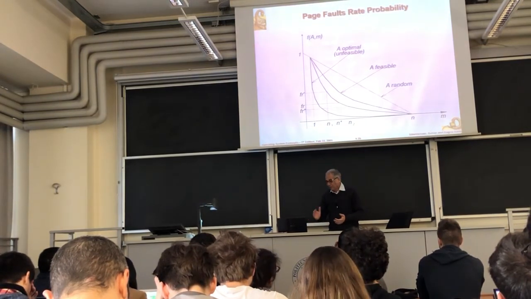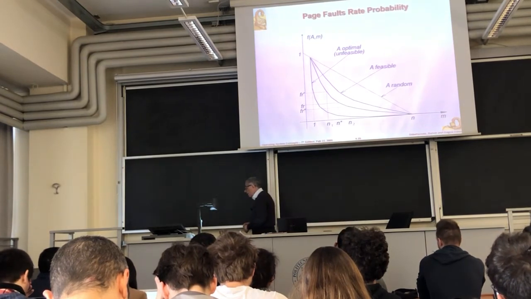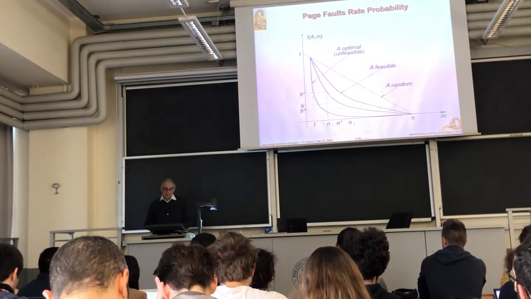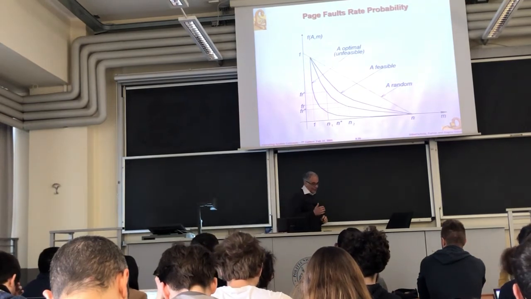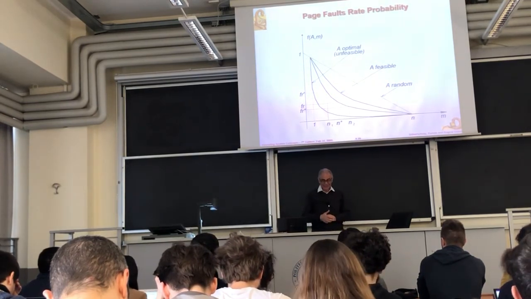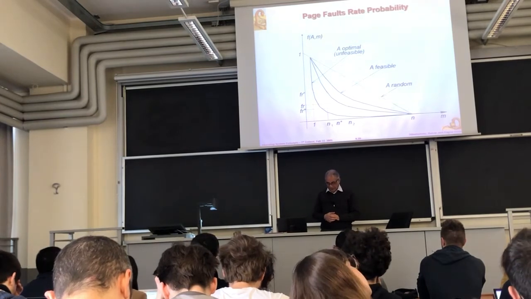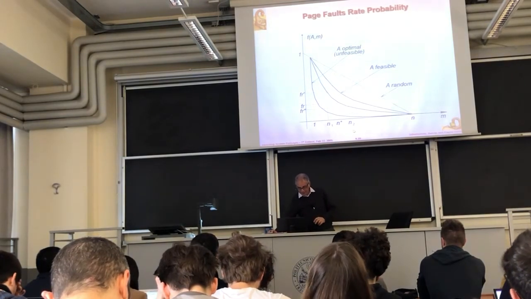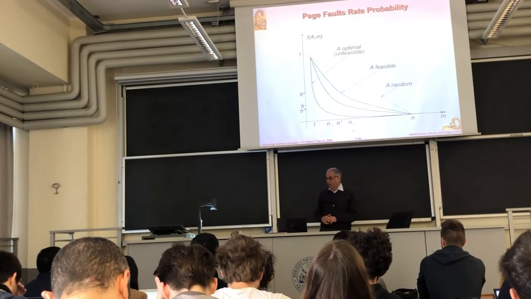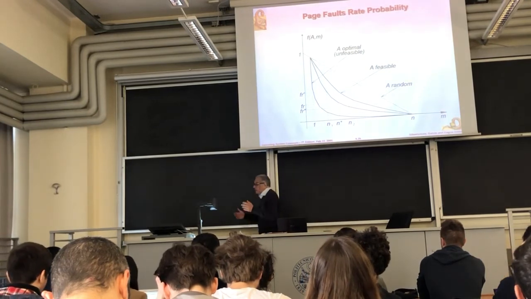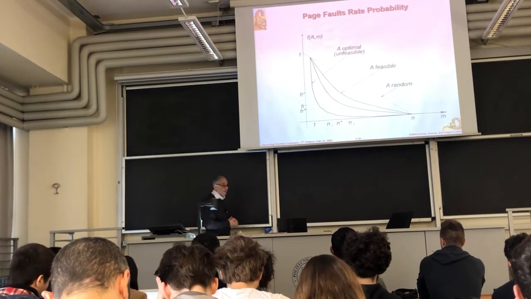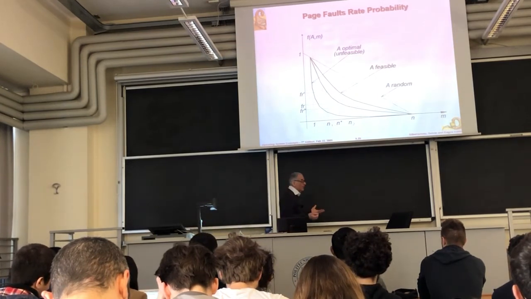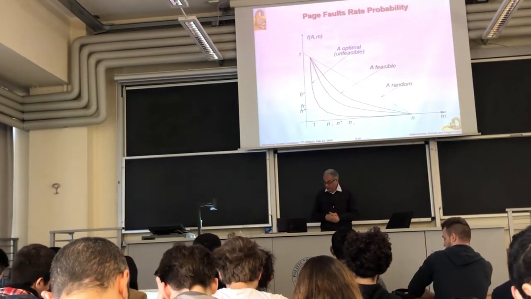So the goal of any replacement algorithm is to find this optimal number of pages that is convenient to give to a process to minimize the number of page faults.